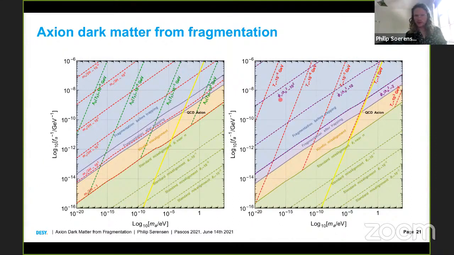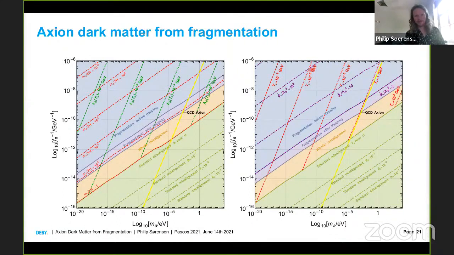You have the velocity before stopping, which ranges from hundreds to tens of hundreds times the barrier height. And then you have the temperature where the stopping occurs. Now, it's interesting to note here that this can happen at really low temperatures. So you really end up having the lower bound on the mass being set by BBN here.